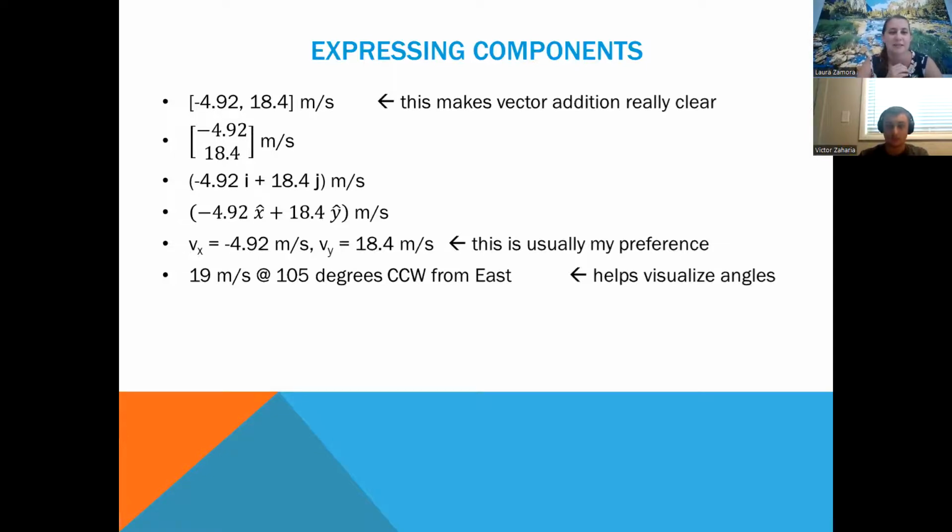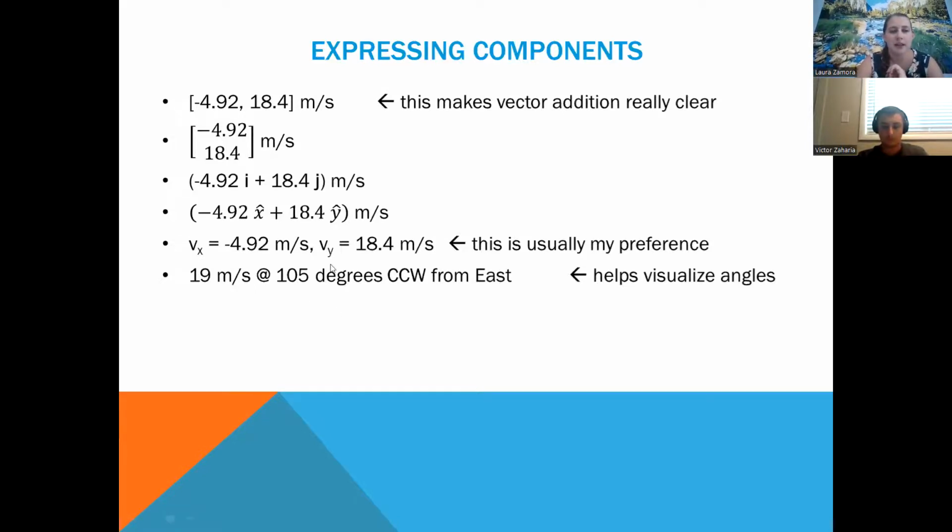Yes. Perfect. And then another way that you might see vectors written is 19 meters per second at 105 degrees counterclockwise from east. So you'll see that this number out front, 19 meters per second, is completely different than negative 4.92 or 18.4, right? So that would be our magnitude of the vector, which takes into account both of those components.